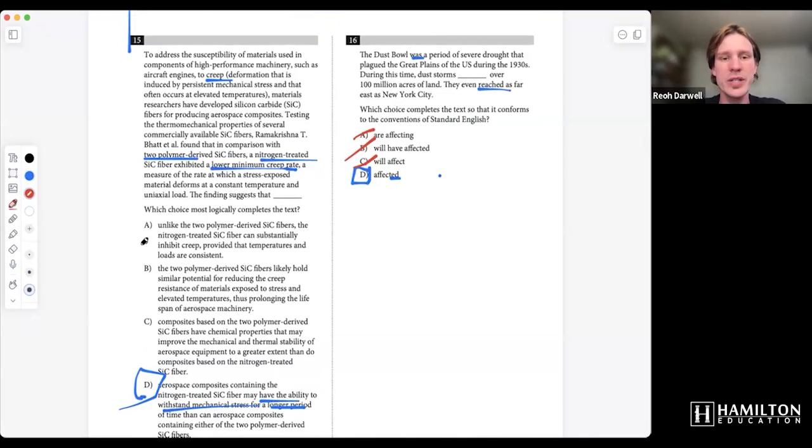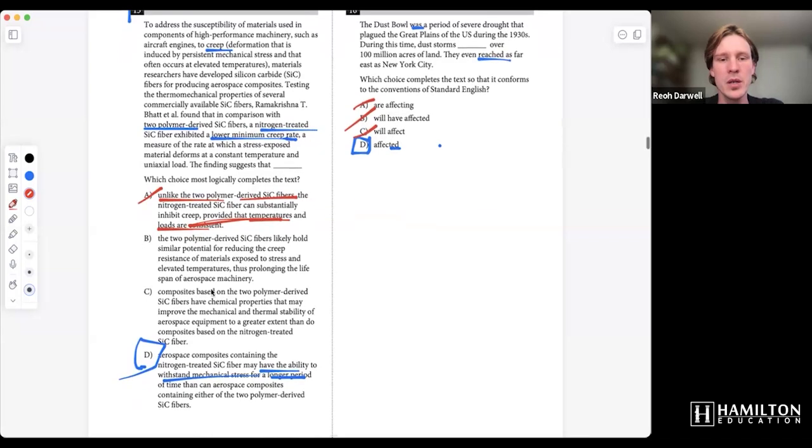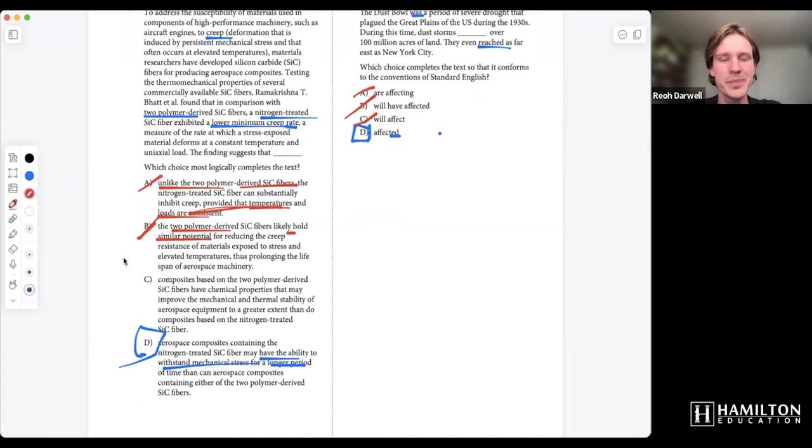Our incorrect answer choices. We don't know about this here, right? Unlike these, temperatures and loads being consistent, we don't know these sorts of situations according to A. And then B says that they would be the same, similar potential, but in reality, we're saying that nitrogen treated is going to be stronger or better in terms of creep.